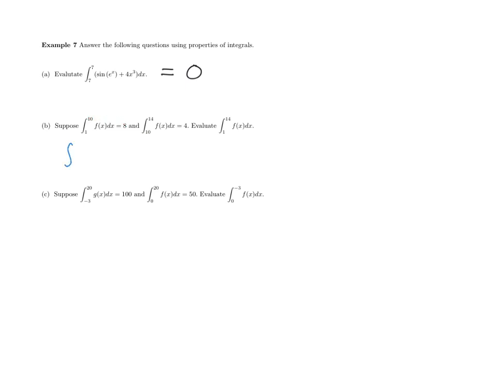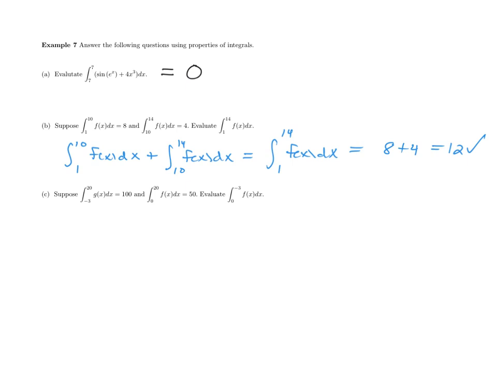Based on the property from the previous slide, if you integrate from 1 to 10, and then add the definite integral from 10 to 14, this is no different than integrating from 1 to 14. It's the same thing. I know this one's equal to 8 and this one's equal to 4, so this is going to be equal to 8 plus 4. And that answer is 12.